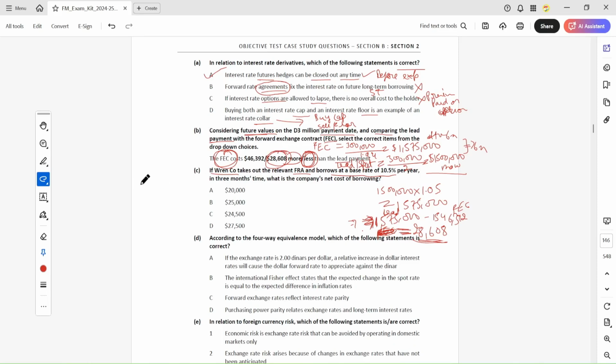As for FRA, how much? 5,000. But if we borrow, then how much? We borrow at this rate, then how much?